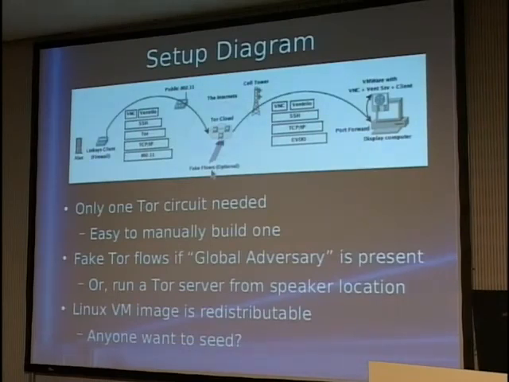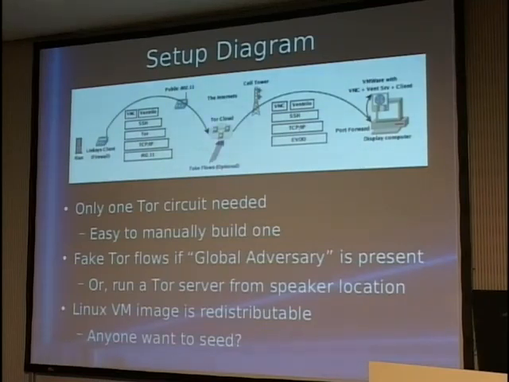As you can see, there's only really one Tor circuit needed. We were able to multiplex VNC and Ventrilo over the same SSH connection, forwarding those ports over Tor through the internets, and then onto the display computer's VMware image.